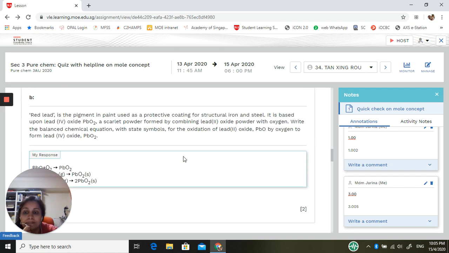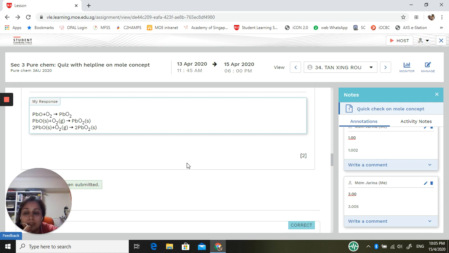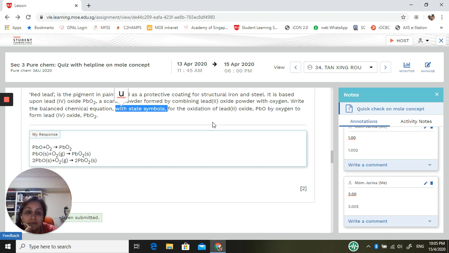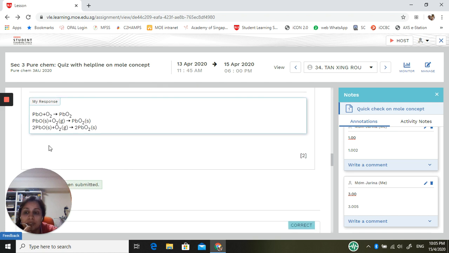Okay, this is writing formula, equation with state symbols. Some of you have forgotten the state symbols, and a lot of hints were given in the question itself. So it is just PbO solid. Oxygen, many of you wrote O. O doesn't exist. If you want it to become a gas, it becomes a molecule, so it has to be O2.